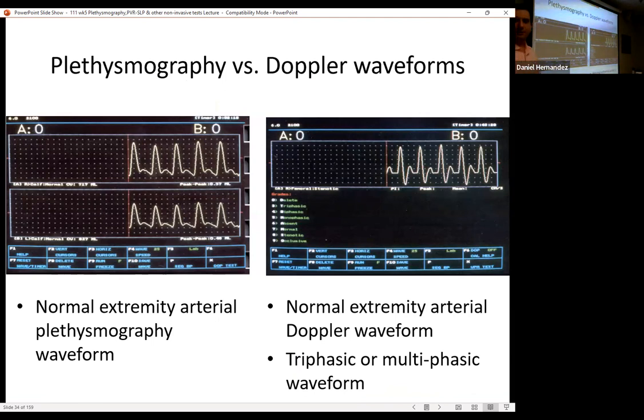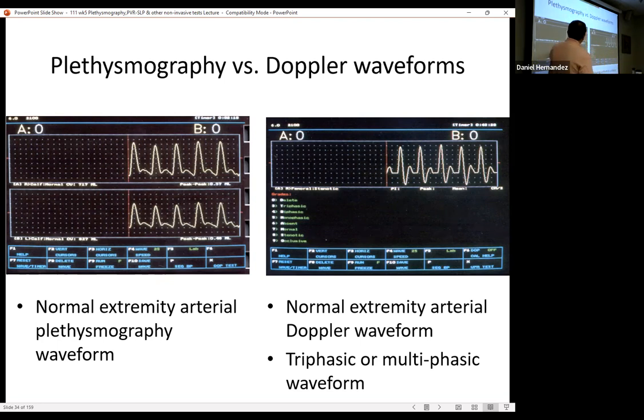So, plethysmography versus Doppler waveforms. I'm going to have this on my tests, and I know for the boards they're going to want you to be able to recognize the difference between a plethysmography waveform and a Doppler waveform. The Doppler waveform is when you're just using that pencil probe and getting the arterial tracings.